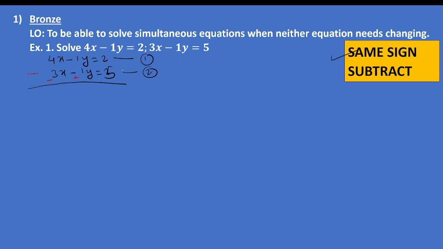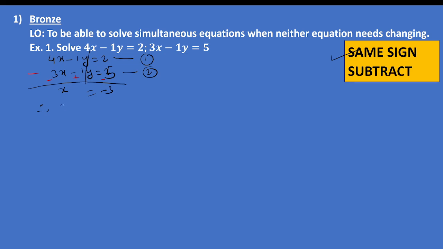And the last term, on the right side of the equal sign, it is plus 5, it is going to change to minus 5. So now let's do the calculation. 4x minus 3x, we are going to get only 1x, and this 1y in negative and 1y in positive will certainly get cancelled out. Now 2 minus 5, we will get minus 3.